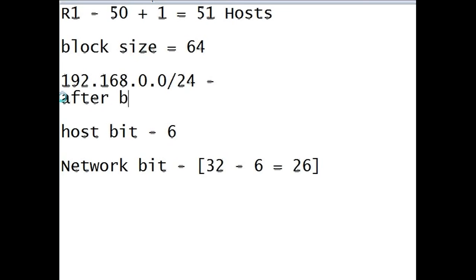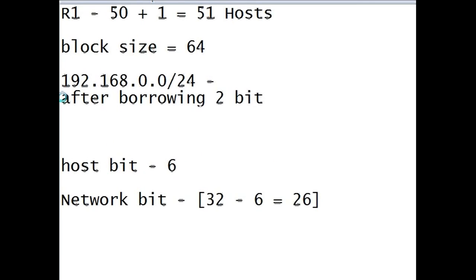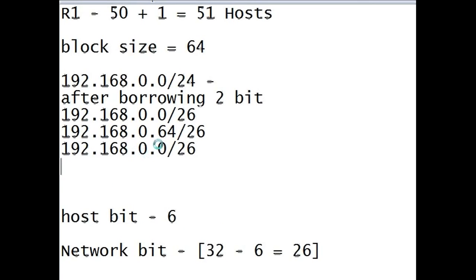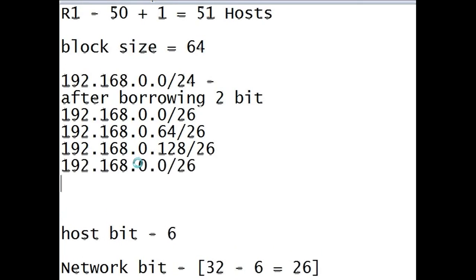After borrowing 2 bits I can create 4 subnetworks. This is the first one. Next is 64, next is 128, and the last one is 192.